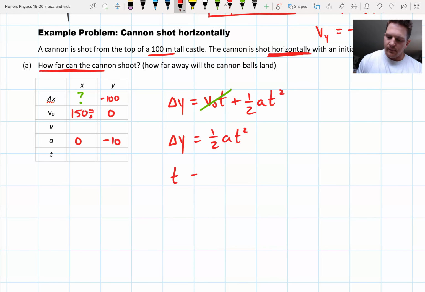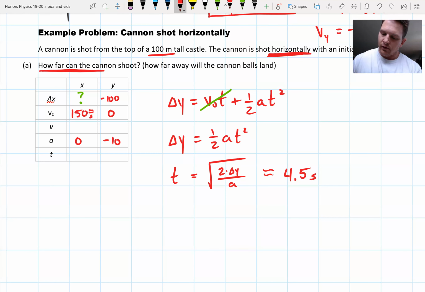Solve for t. And when we plug in all of the numbers that we have, we come out to approximately 4.5 seconds in the air. Okay, so that gives us 4.5 in the y and 4.5 seconds in the x. Remember, the only thing that gets shared in those two columns is time.